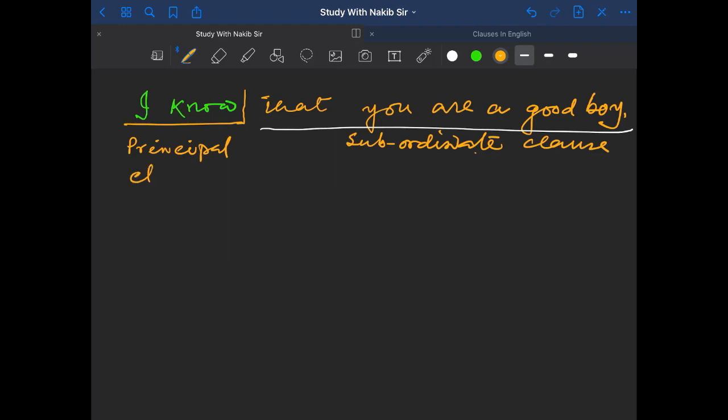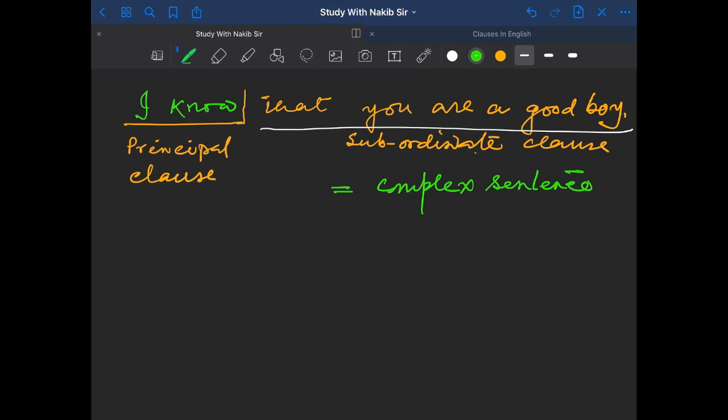I know that you are a good boy is a complex sentence having two clauses: I know, a principal clause, and you are a good boy, a subordinate clause.